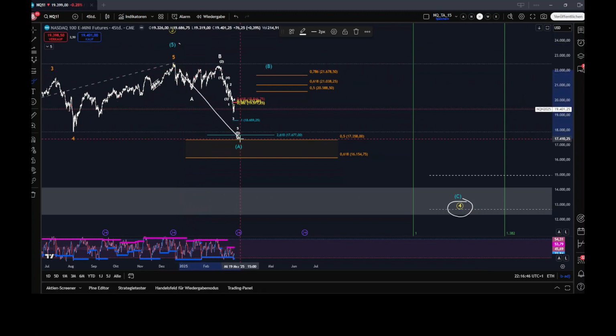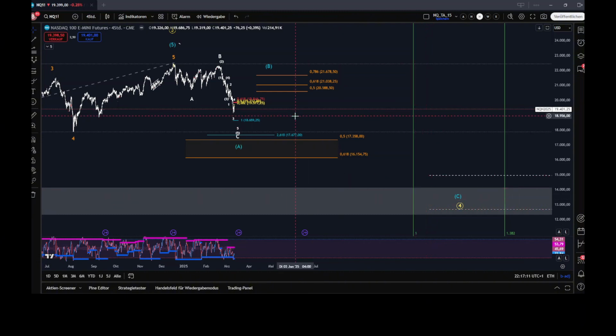So that's an A, B, and a C wave down. That is at the moment the route or the model I'm going to watch here right now. So this is, I think, possibly a relatively long correction. And that would bring us down in the area between 15,005 to 12,715.